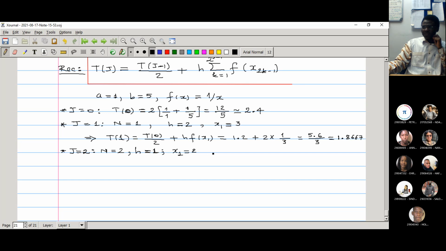Remember that previously it was 3, but now it's 2. Now we move from 1 to 3. That is, we take 2 steps. So the next will be 4, isn't it? Are we together?